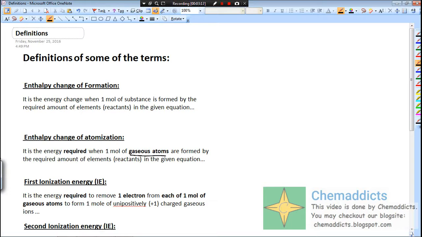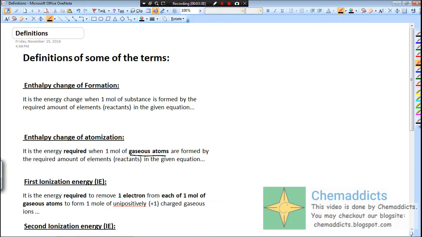Now let us look at first ionization energy. It is the energy required to remove one electron from each of one mole of gaseous atoms to form one mole of unipositively charged gaseous ions. What is meant by unipositively charged gaseous ions? That is a plus one charge.